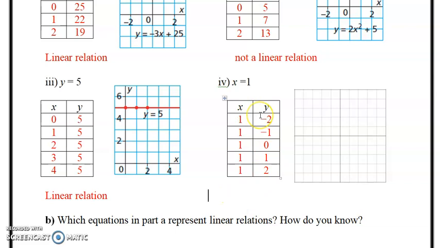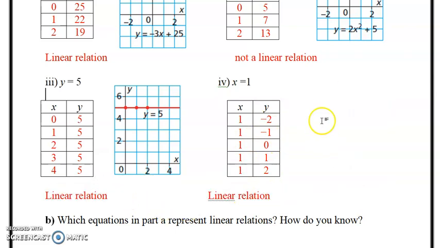This is an interesting situation too, where it is a straight line, so it is a linear relation. The common difference is 0, so it still counts. You're probably saying, oh, if you look at the table of values, what you said before, but the difference is 0, and these do go up by 1, so it is a linear relation. However, it's not a function, as you're going to see in a minute when I put the graph in.